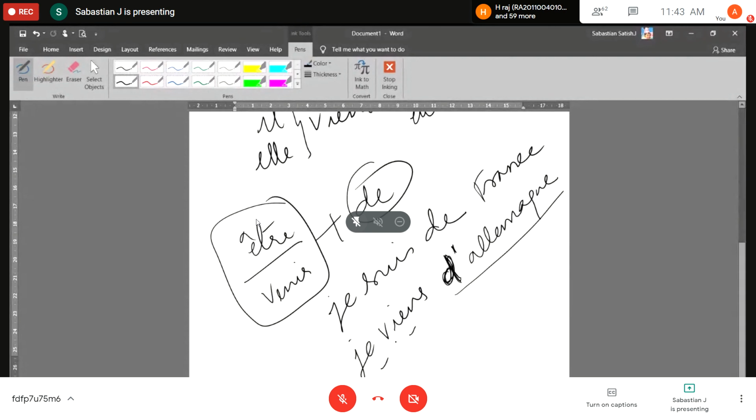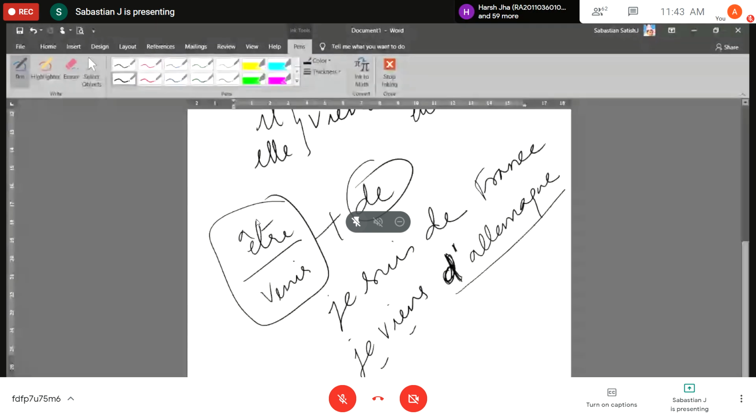Yes, I come from Germany. So I placed D apostrophe because of this vowel. So is that clear? When these two verbs are given, remember the preposition you have to use is DE. No other prepositions are accepted.